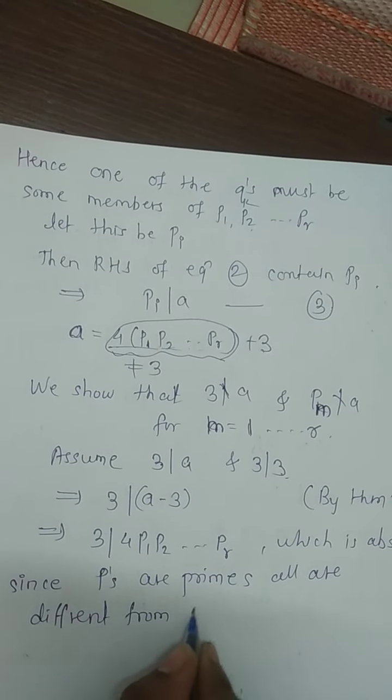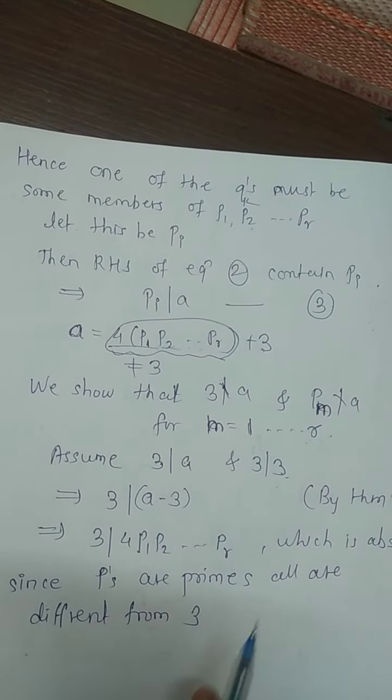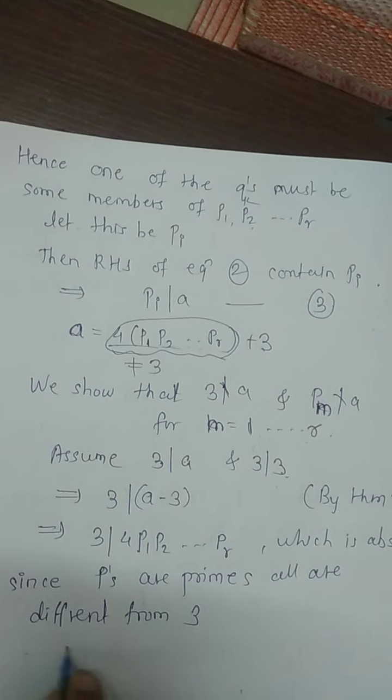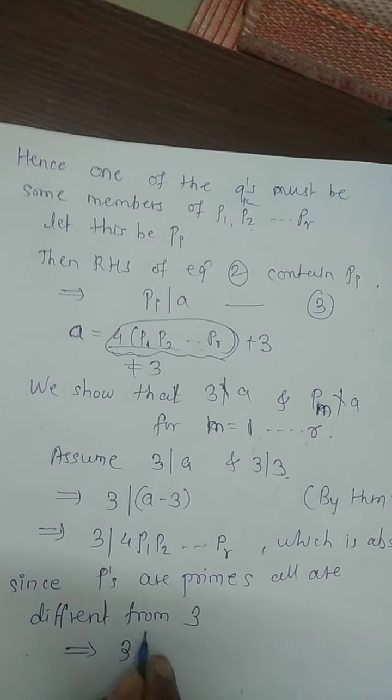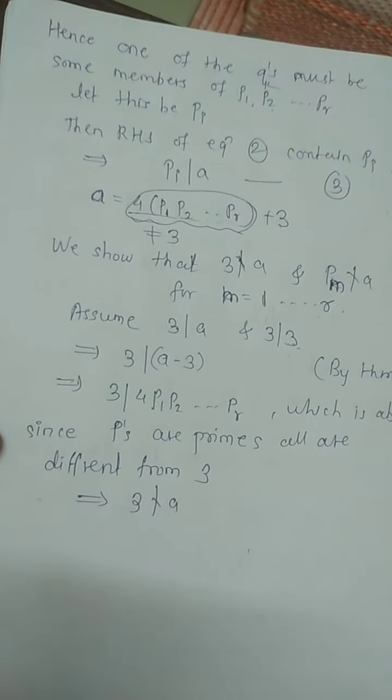Yes, because we are taking p0 as 3 and p1 up to pr are not 3. So this implies 3 does not divide A.